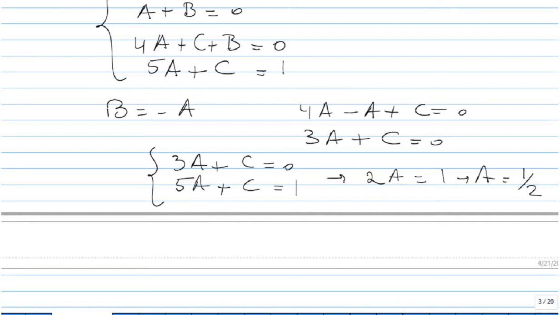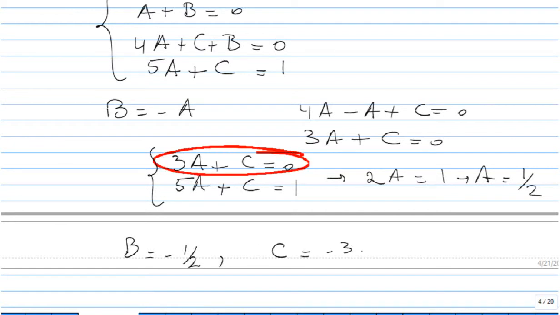So I found a, therefore b is equal to minus a, minus 1 half, and from this equation I get c equals minus 3a, equals minus 3 half.